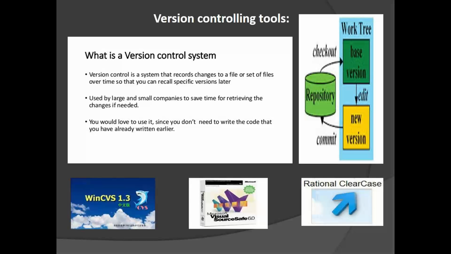So preserving these previous versions is nothing but version controlling system. To preserve the previous versions, the developers use some tools. Those are WinCVS 1.3, Visual Source Safe, or Rational Clear Case. These are the tools that they use.